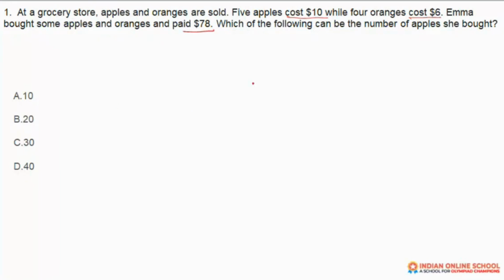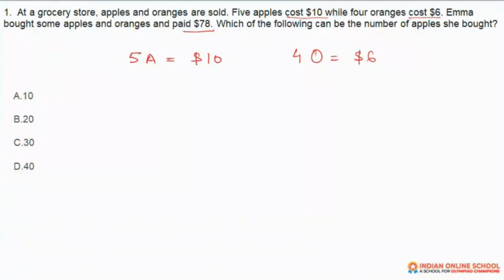If we are going according to the question, Emma is purchasing apples and oranges. She bought 5 apples for $10 and 4 oranges for $6.